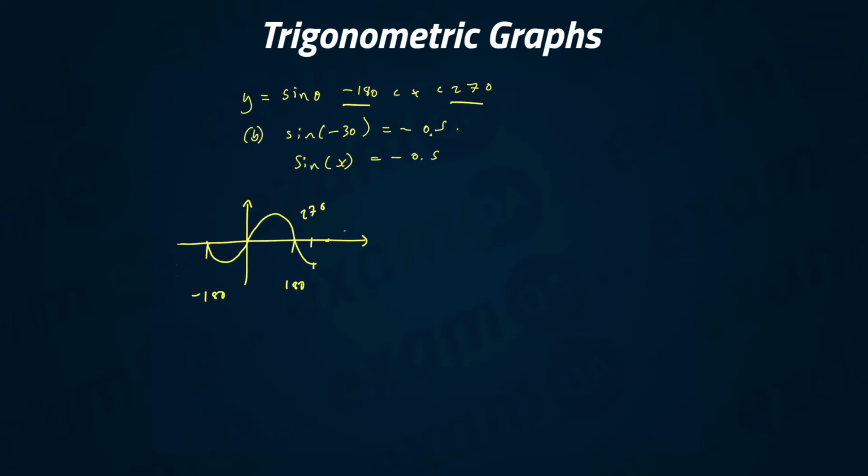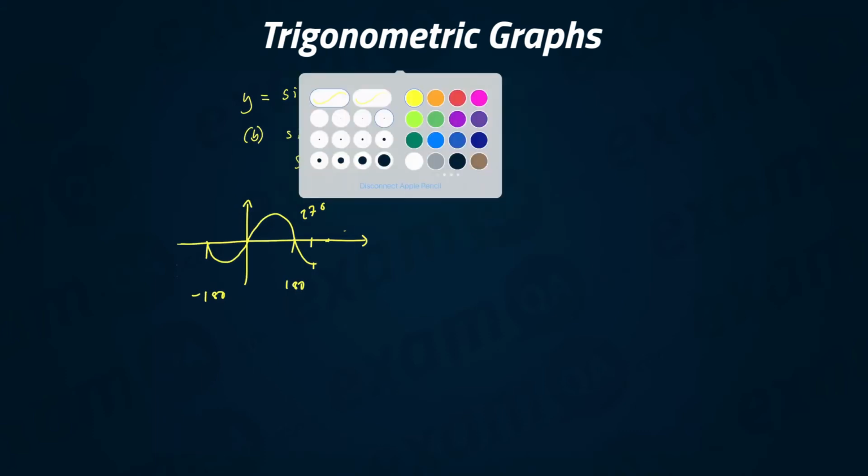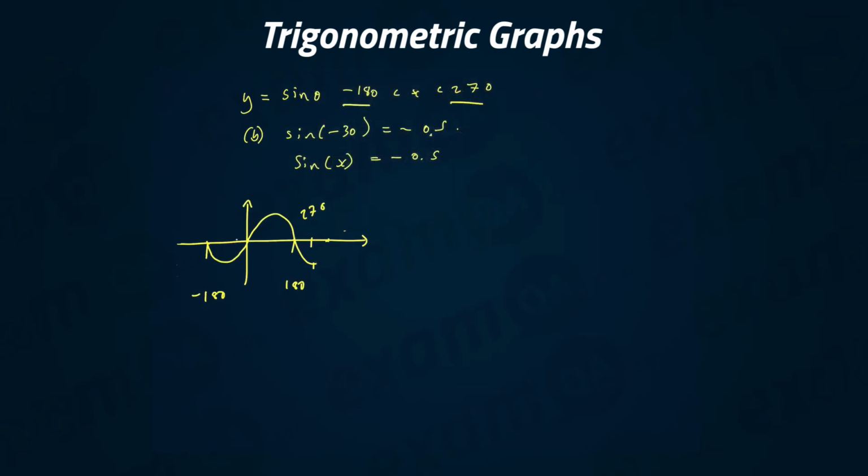Now, part B. Sine of theta, minus 30, is minus 0.5. Basically what they're saying is that when you go to minus 30, you end up getting minus 0.5 on the y-axis. Okay, that's fine. Here's the interesting part.